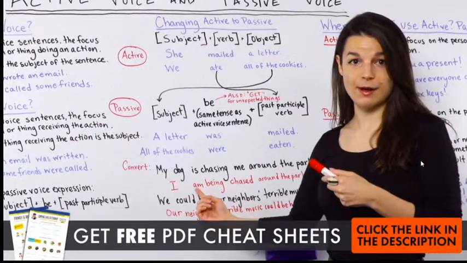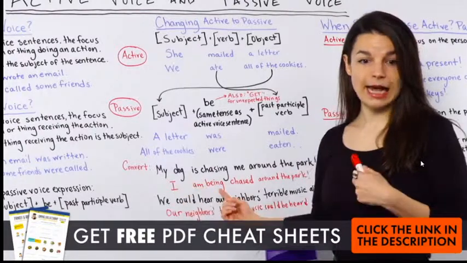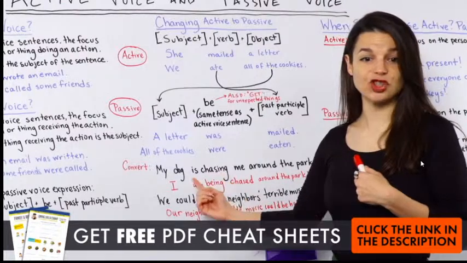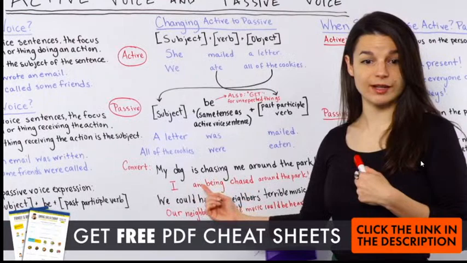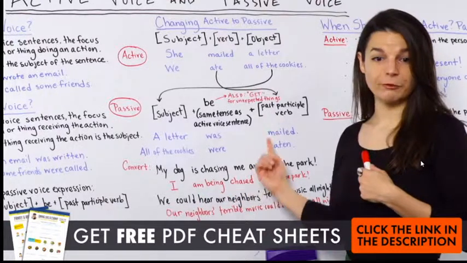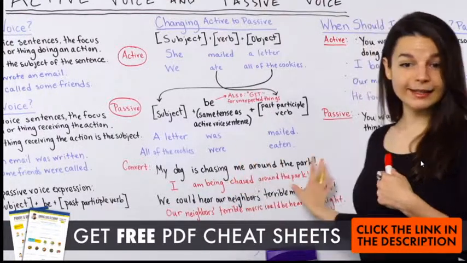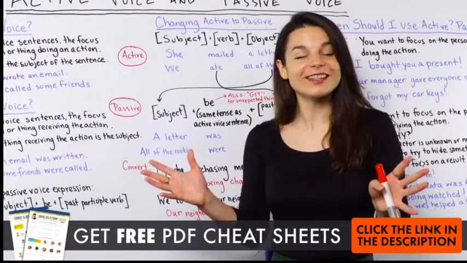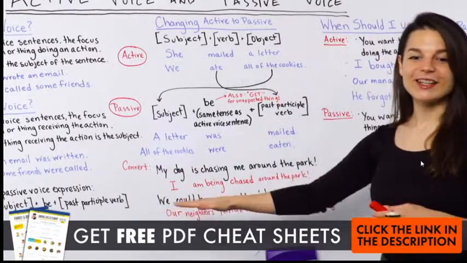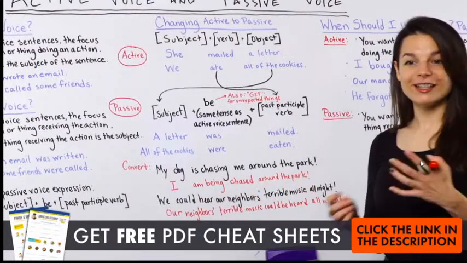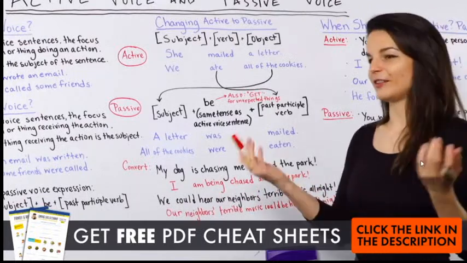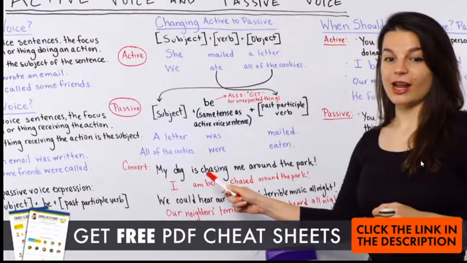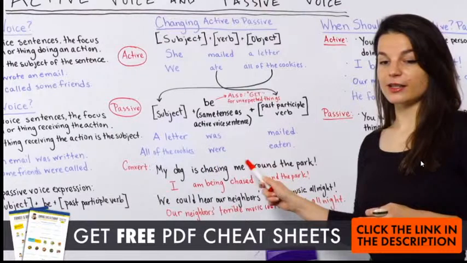I am, not I is. I am. And then progressive verb. I am being. And then the verb here is chase, to chase. So chased is the past participle form of the verb. Then I can keep this extra information. I am being chased around the park. So that sounds kind of scary, but you can use this if you want to make a funny sentence, or if you want to, I don't know, maybe scare someone for some reason. So this is how we change an active voice sentence to a passive voice sentence.